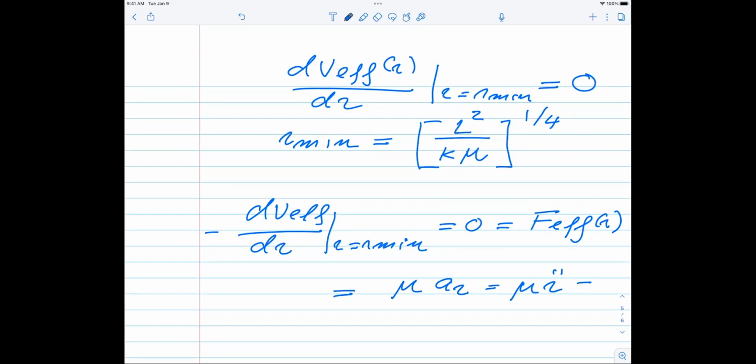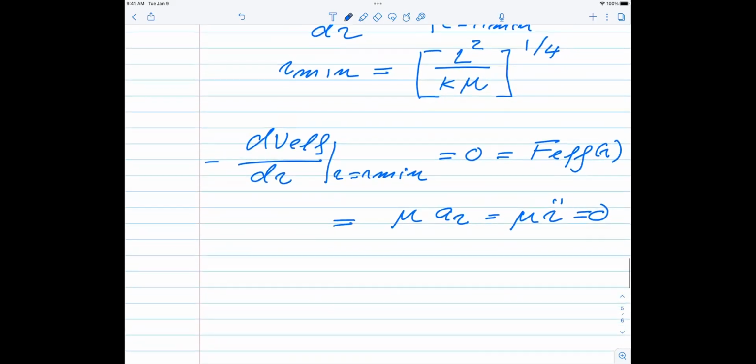And we actually put that one to 0. Now, there's another equation which we also need to think of, and that's the equation for d phi dt, which is equal to L divided by mu divided by r squared. Now, if you are at this minimum, what does this actually mean? What kind of velocity do you have at this minimum point?